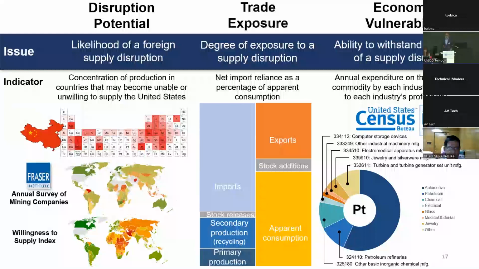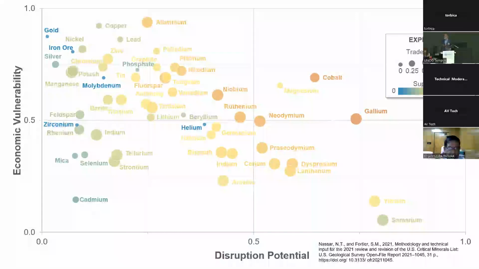The intermediate part in the center, the trade exposure, and the one on the right, which is a quite more refined methodology to understand where the material is used, in which way, and how much of the, let's say, profit of company can come from those materials or not. So this is something quite interesting in my opinion.